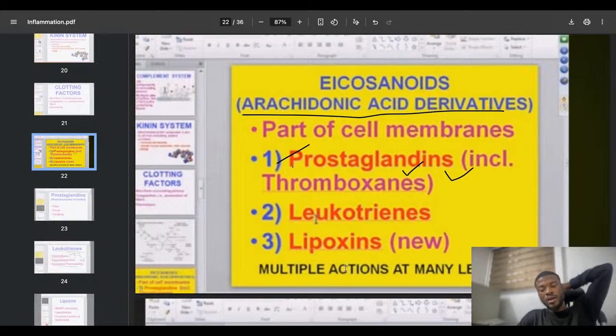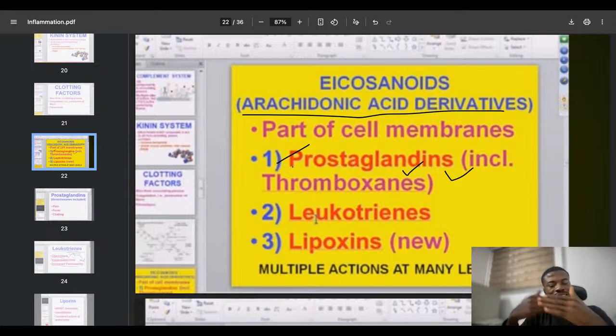these biochemical elements are important so that in the process of inflammation, one particular event can transition into another. Let's say we get a transition from vasodilation to, let's say, transmigration.